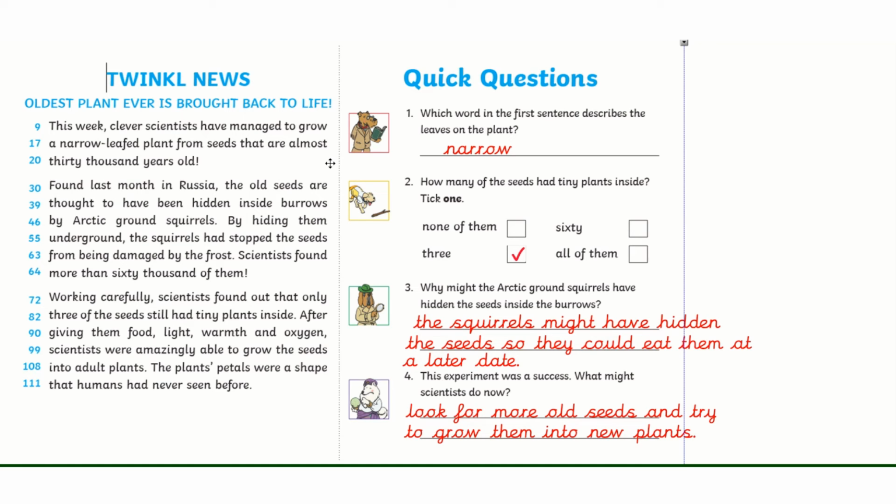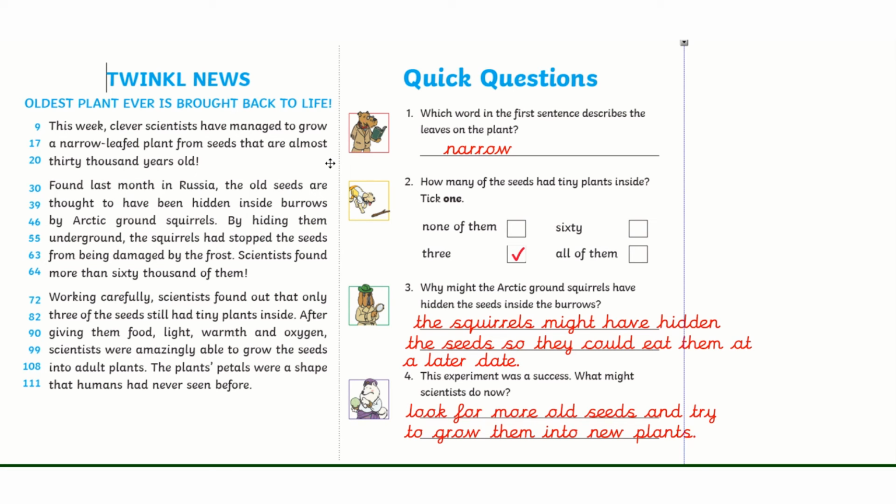By hiding them underground, the squirrels had stopped the seed from being damaged by the frost. Scientists found more than 60,000 of them. Working carefully, scientists found out that only 3 of the seeds still had tiny plants inside. After giving them food, light, warmth and oxygen, scientists were amazingly able to grow the seeds into adult plants. The plant's petals were a shape that humans had never seen before.